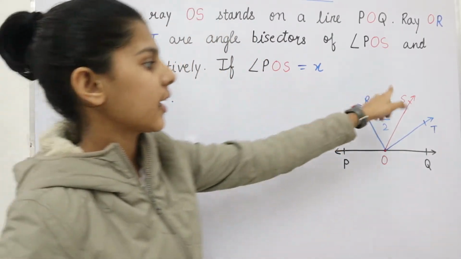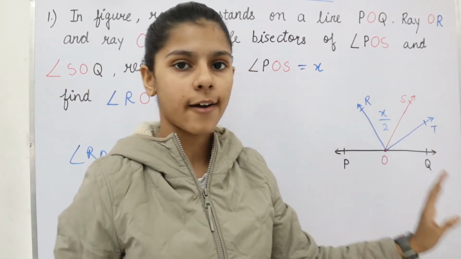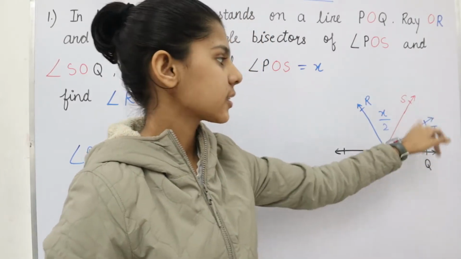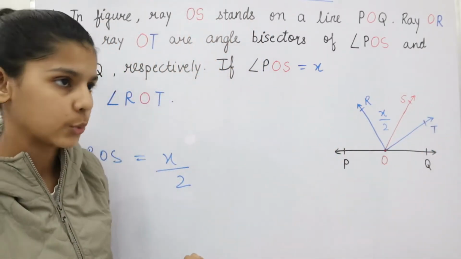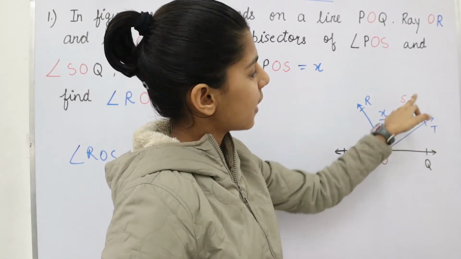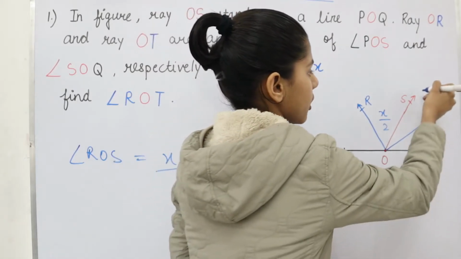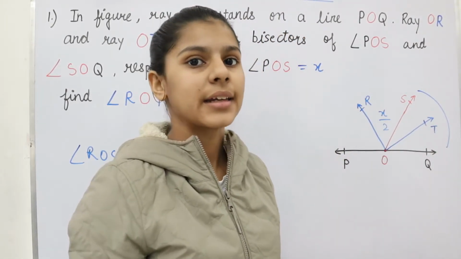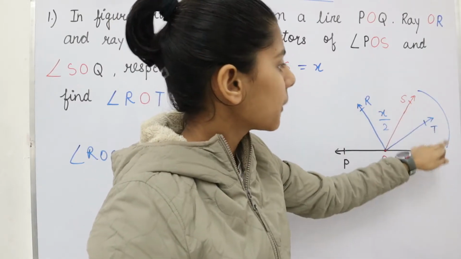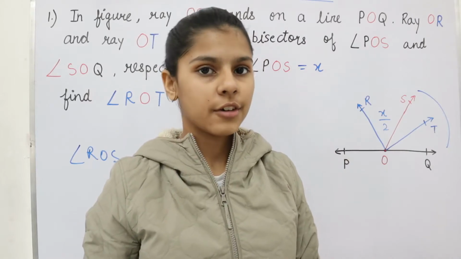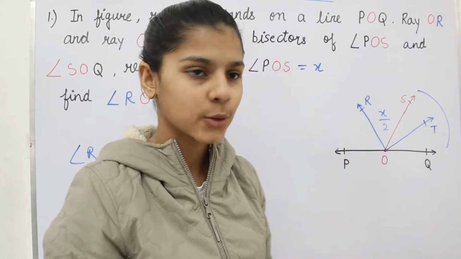Now we will calculate SOT, which is the second half. You can see that the ray OT is the angle bisector of SOQ. So it is dividing the angle into two equal parts, and the value of angle SOQ, which we have calculated earlier, was 180 minus X. So if this complete angle is 180 minus X, what will be the half of it? 180 minus X divided by 2.